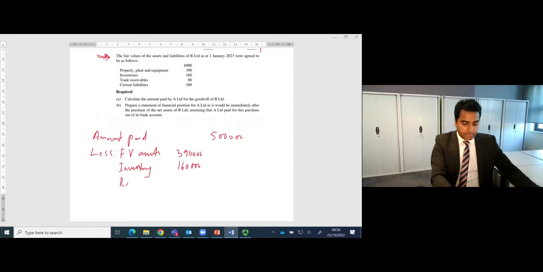The trade receivables, 80,000, less the liabilities, which is 180,000. Now working out the net assets, the assets minus liabilities, it will be 450,000.